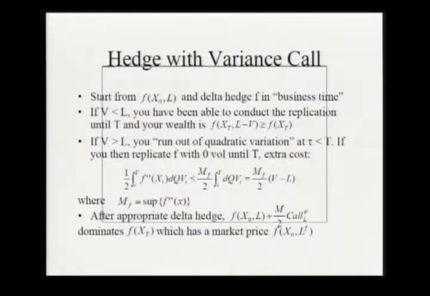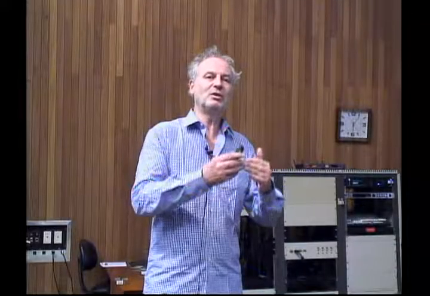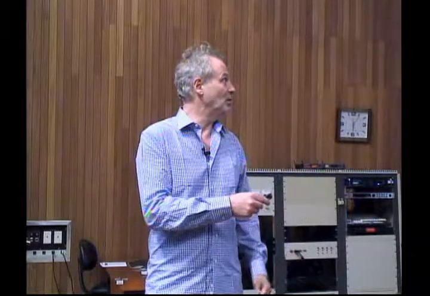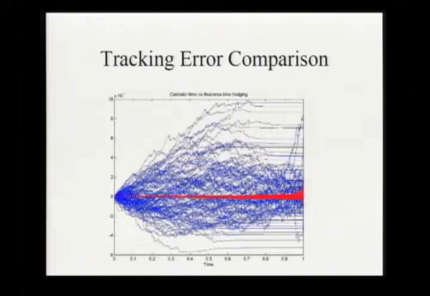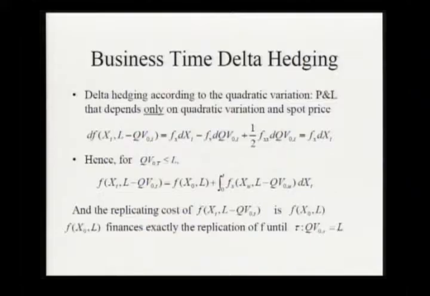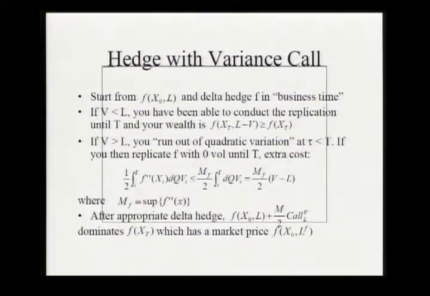And it will correspond to this term here. This is the cost of carrying on the replication between the time you run out of gas and the maturity, the Ito term here. If you take a payoff with a bounded second derivative, I call the upper bound MF. So I say that this is less than MF, and I pull MF out of it.